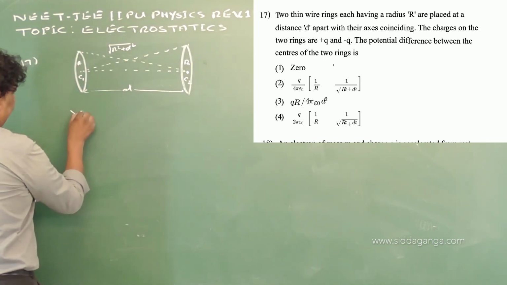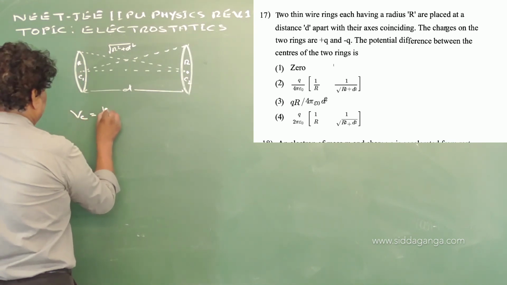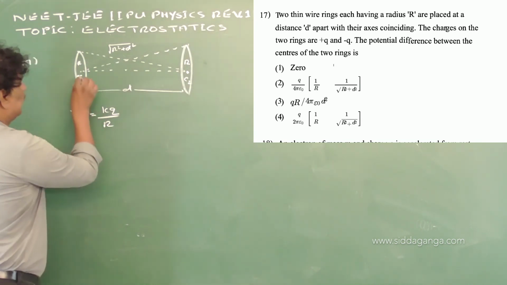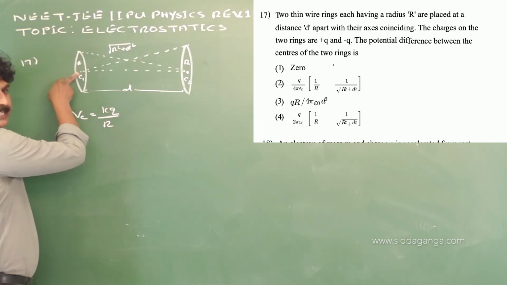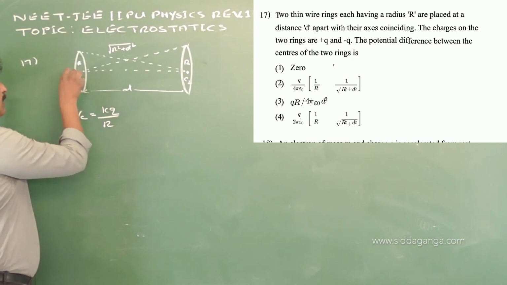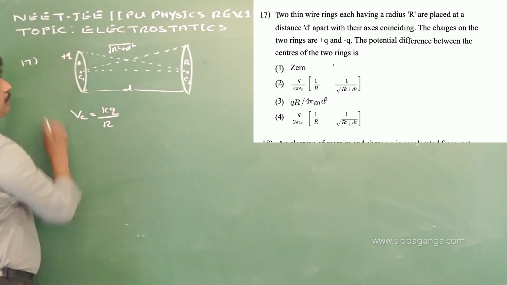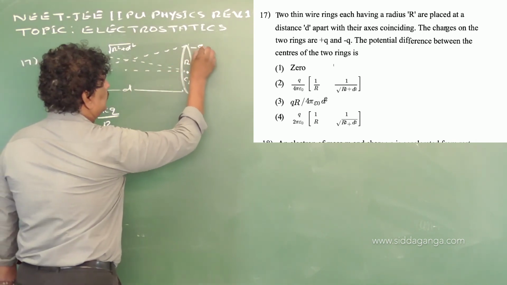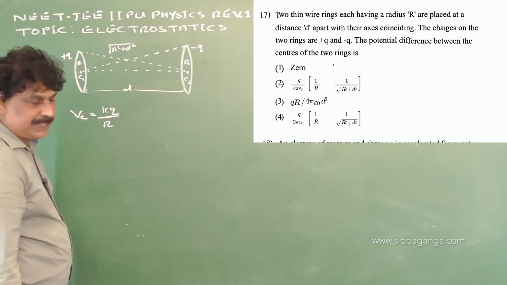Now, the electric field at the center of the ring is equal to k q by r. There are two contributions at the center of each ring: one at C1 is due to its own ring, with charge plus q, and again at this point there is a contribution due to charge minus q on the other ring.